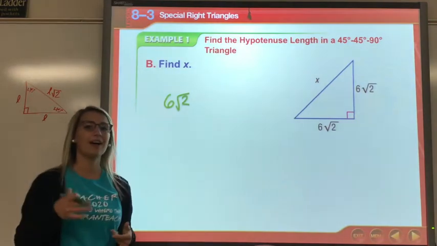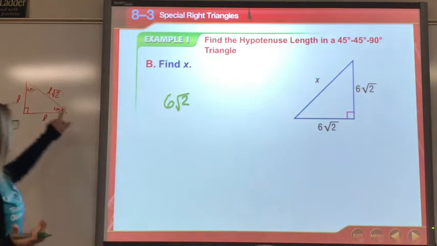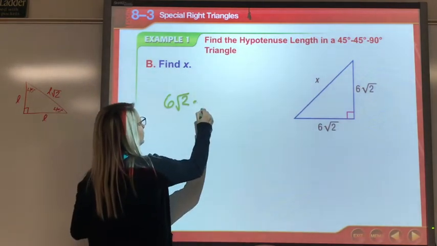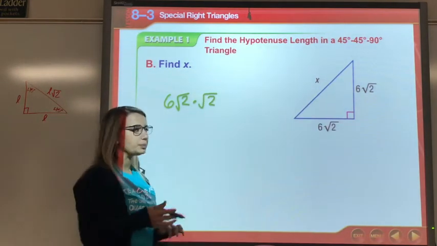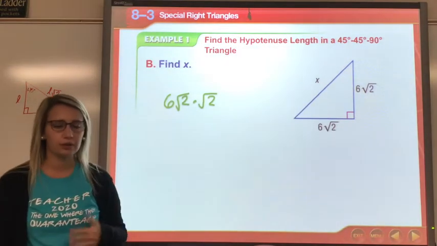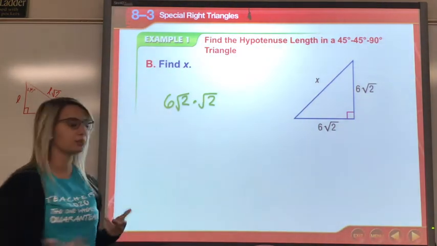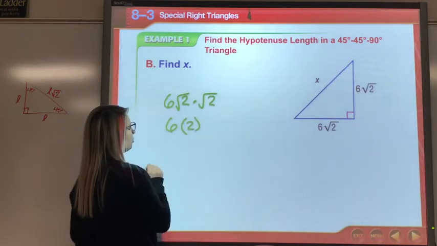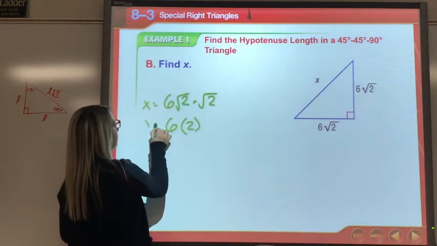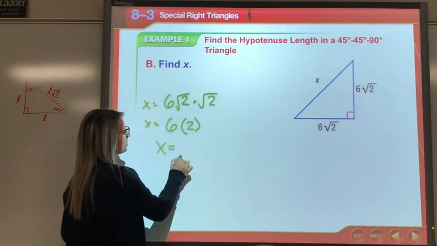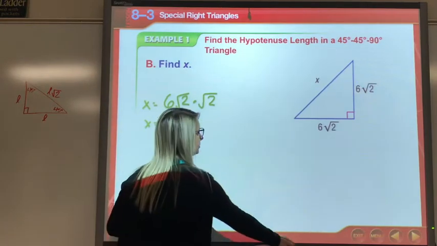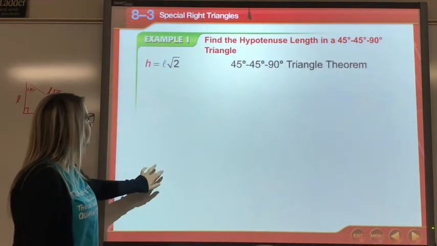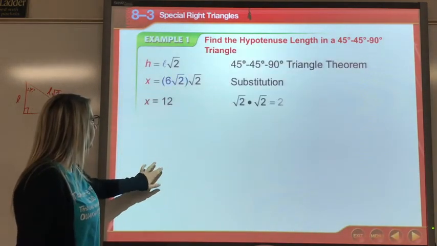In order to find our hypotenuse, we multiply the length by the square root of 2. So here we have to take times square root of 2. Remember when we have the square root of 2 times the square root of 2, it's just multiplying by 2. So we have 6 times 2. So x equals, and solve that, just like we did.